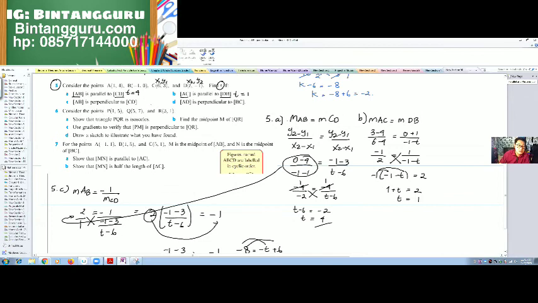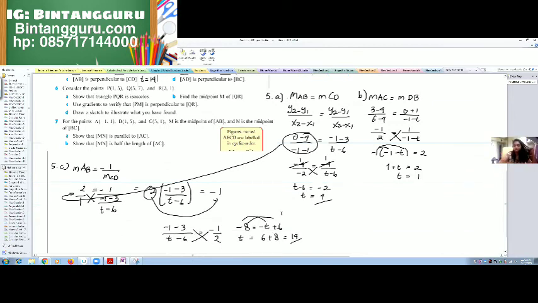Okay, so for C, how do I cross multiply when there is a variable? When you have a variable, so this is negative 1 minus 3 times 2. So negative 4 times 2 will be negative 8.